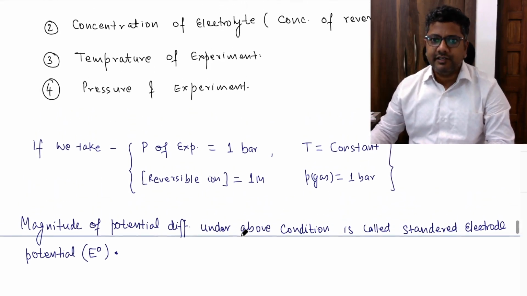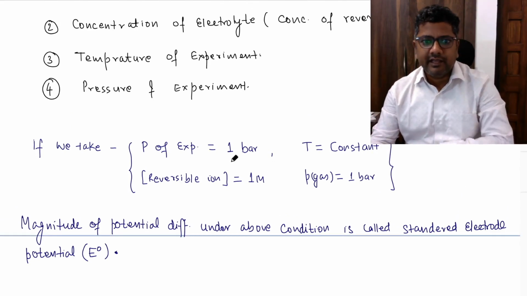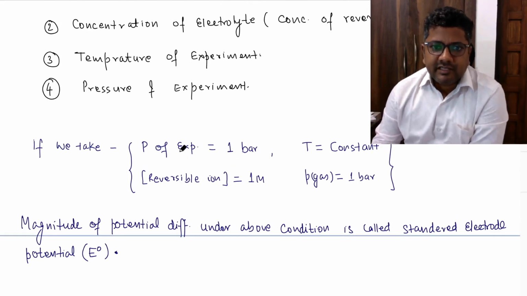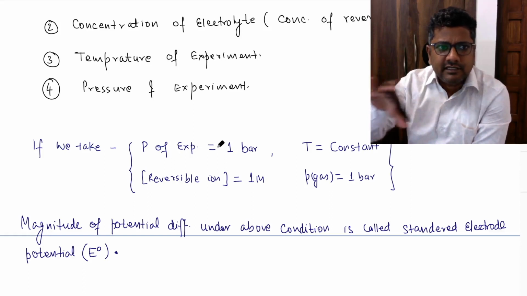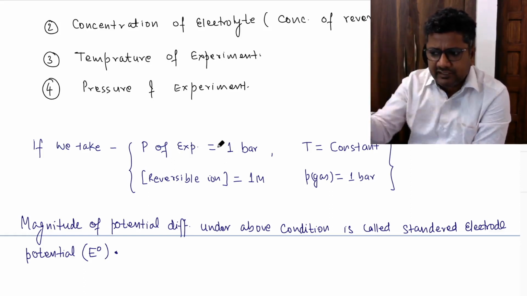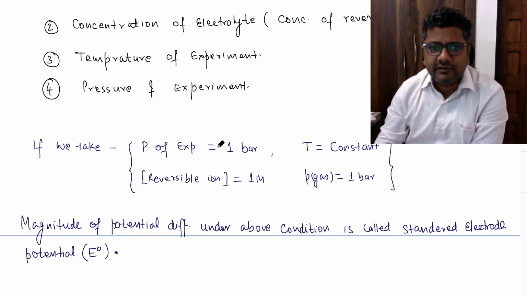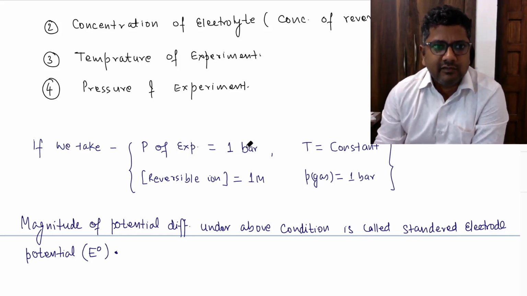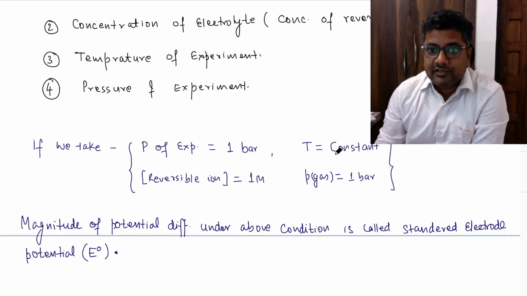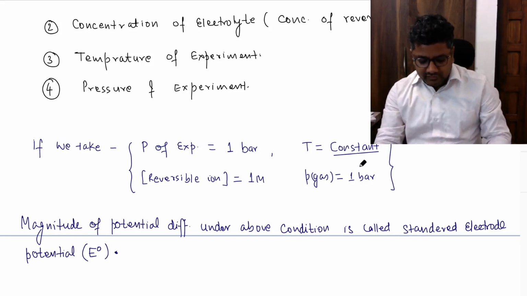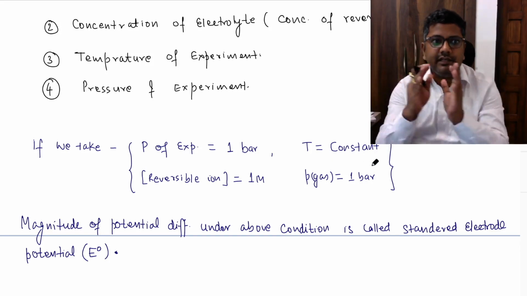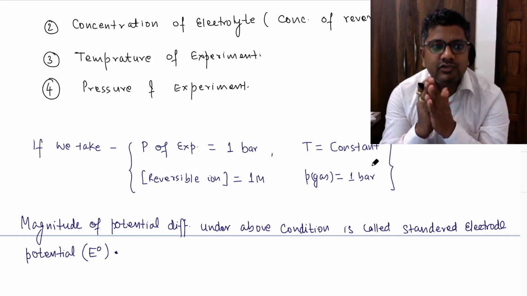See here, again, you have to be very careful. Pressure of the experiment means the environment pressure, under laboratory condition, whatever pressure you have taken, that should be 1 bar. Temperature should be constant. And remember, you can choose any temperature of your own choice.